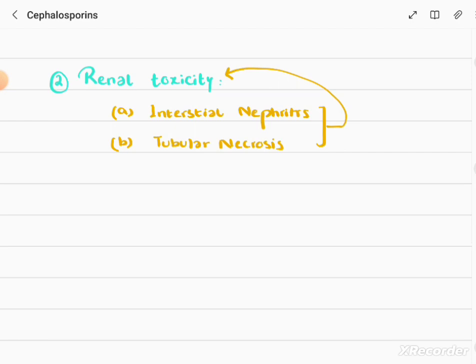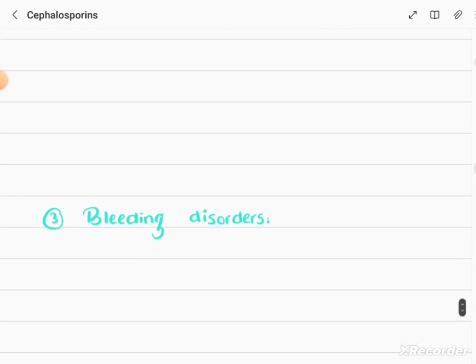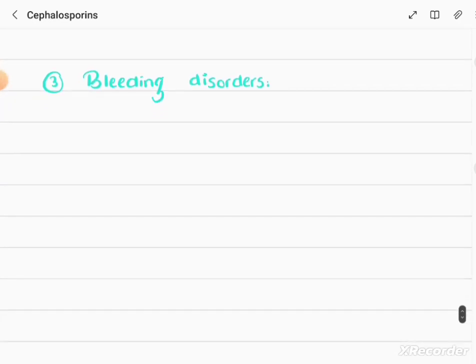Now there are certain cephalosporins which can cause bleeding disorders in patients, and these drugs include the cephamycins, which are second generation cephalosporins, which include cefotetan, and cefmetazole, and the most commonly used drug, cefoperazone.